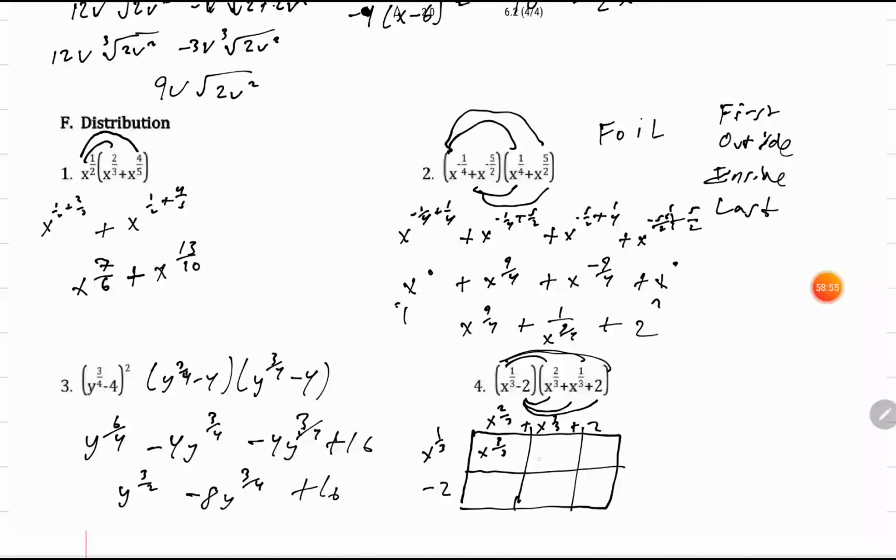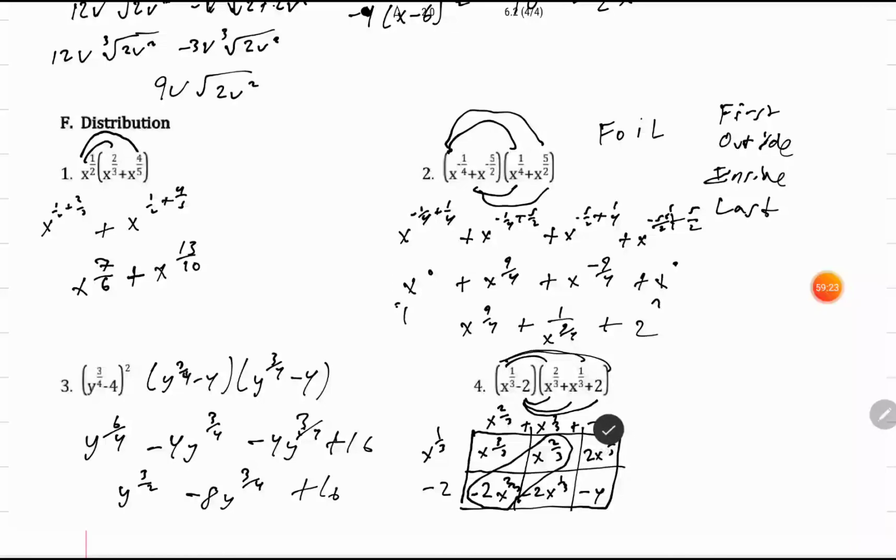We're going to get x to the 2/3. And then we're going to get 2x to the 1/3. Here we're going to get negative 2x to the 2/3. And then negative 2x to the 1/3. And then minus 4.